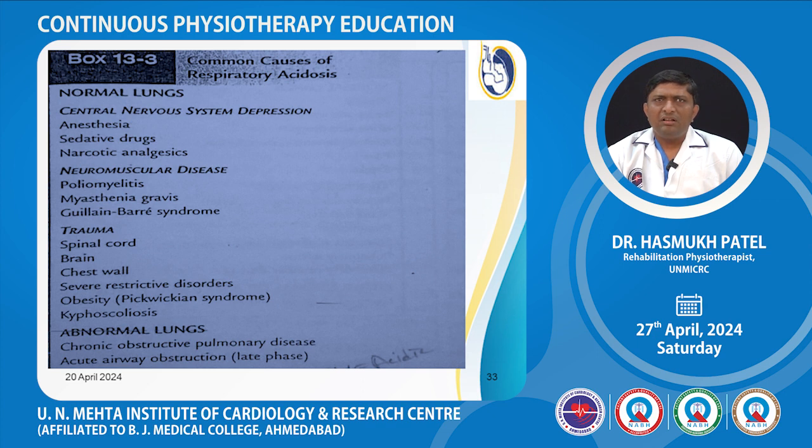These all are non-lung disorders. In that case, there is a chance of respiratory acidosis occurring. In lung conditions, there is COPD and acute airway obstruction, where there is a chance of increase in the PCO2 level and respiratory acidosis occurs.